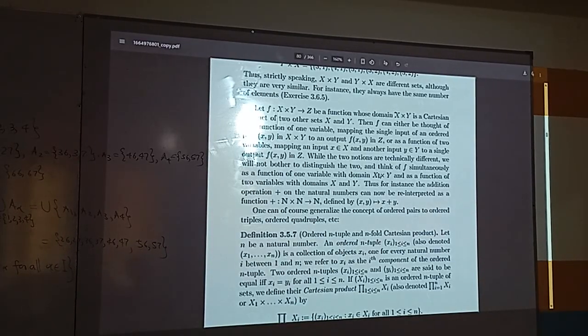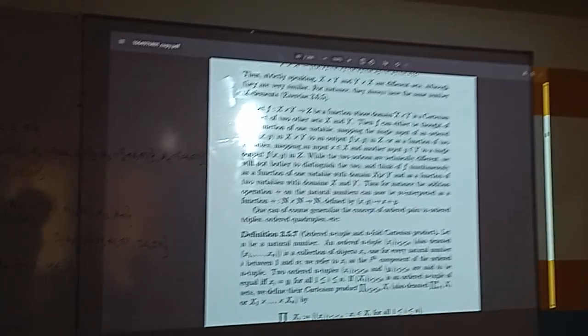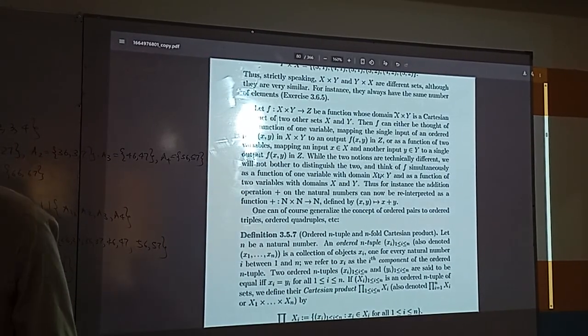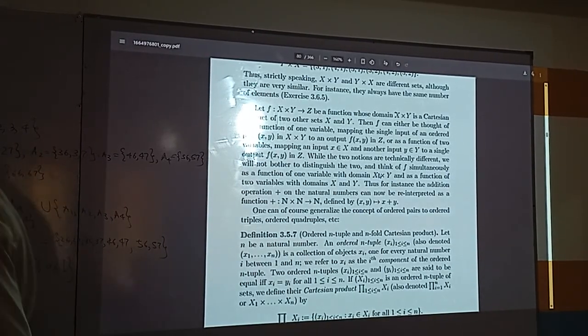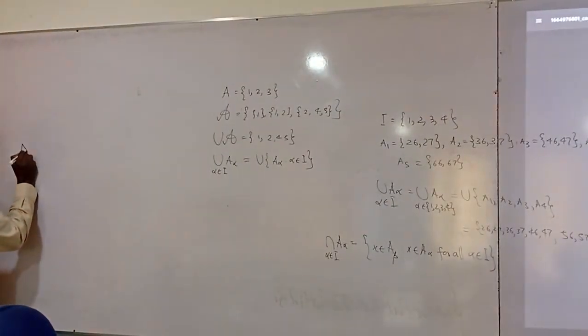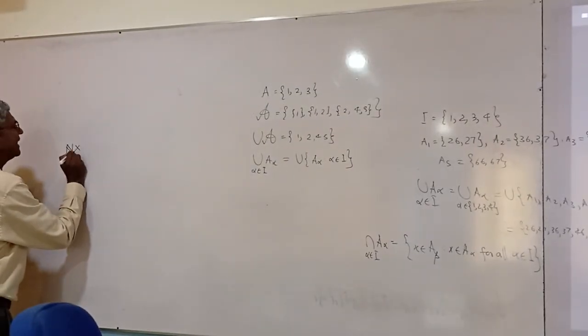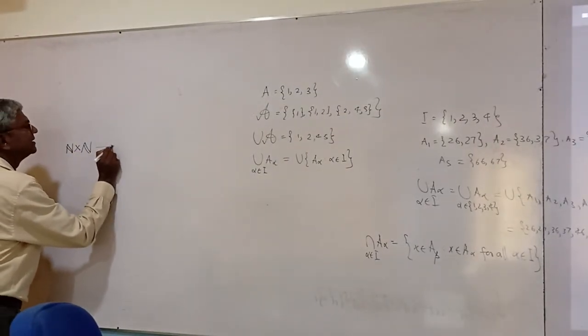Thus, for instance, the addition operation on the natural numbers can now be reinterpreted as a function from n cross n to n.